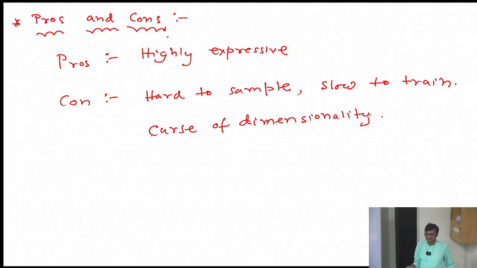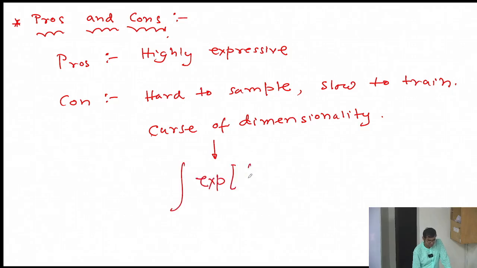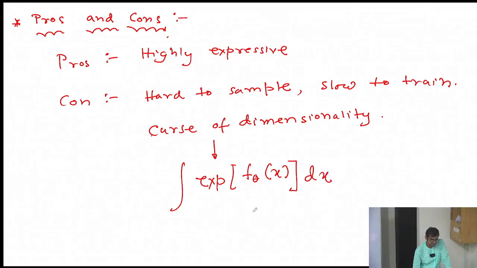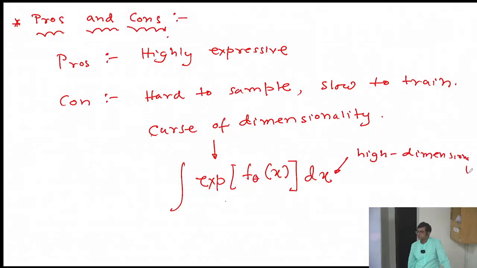That's the reason. Curse of dimensionality. This is basically integration of exponential of f, and x is high dimensional. If this is high dimensional, you are out of luck. Okay.